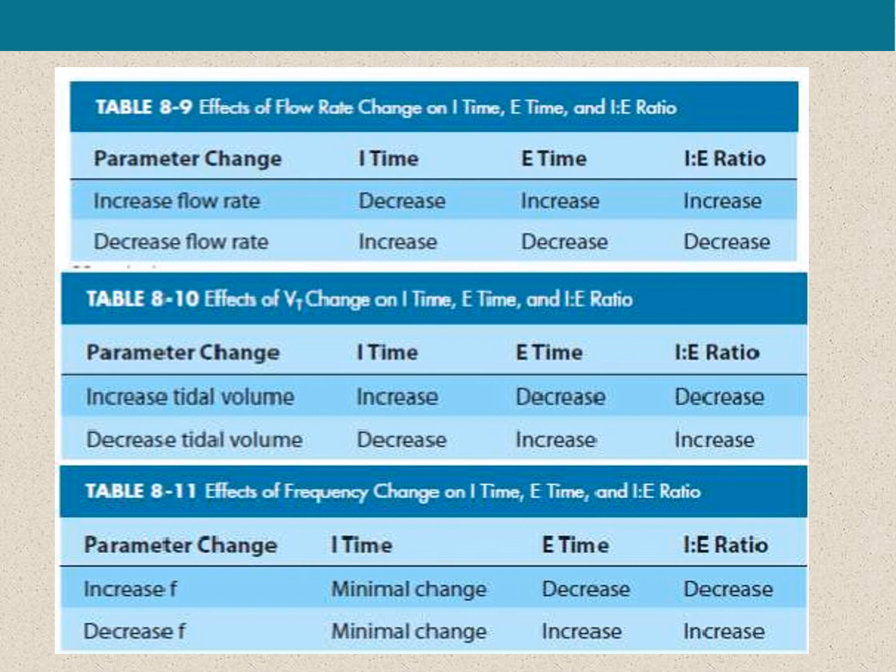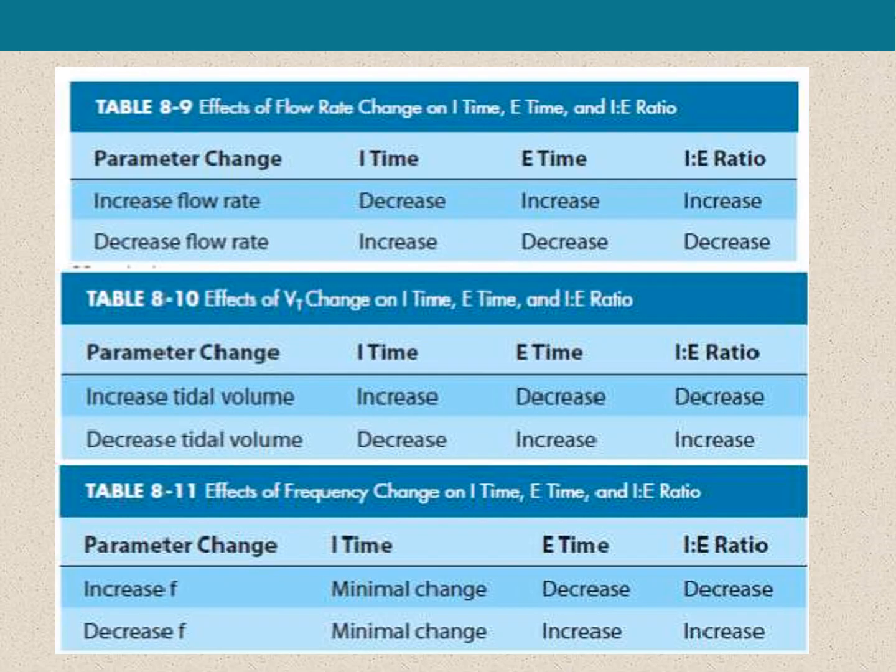Adjusting the I:E ratio is usually an interplay between all the parameters we set. It is affected by flow rate, increasing or decreasing tidal volume, increasing frequency or decreasing frequency. Increasing flow rate will decrease inspiratory time.